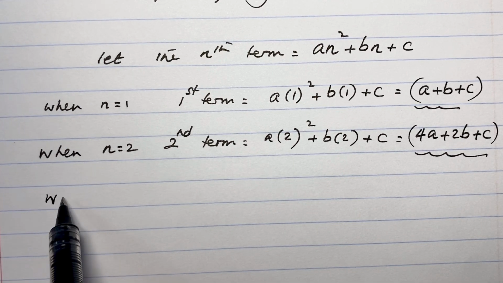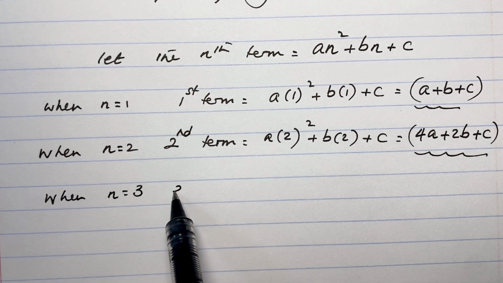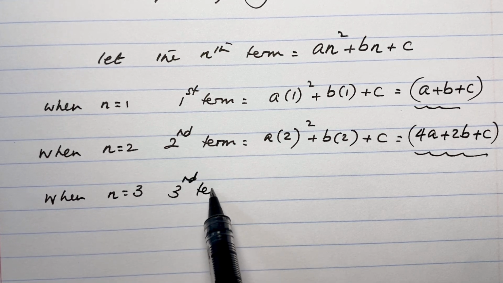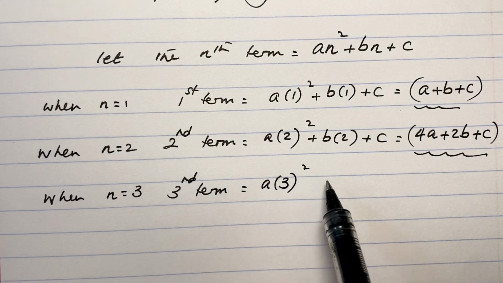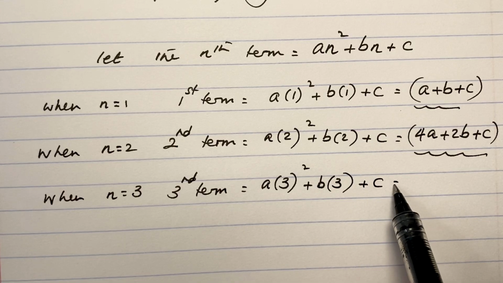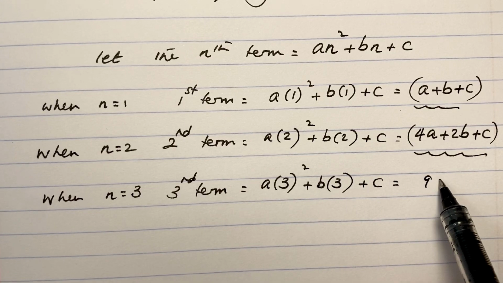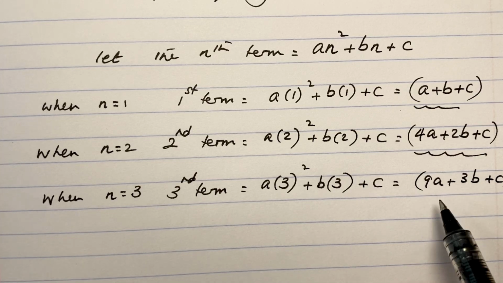And when n equals 3, my third term would be a bracket open 3 squared plus b lots of 3 plus c, which is 9a plus 3b plus c.